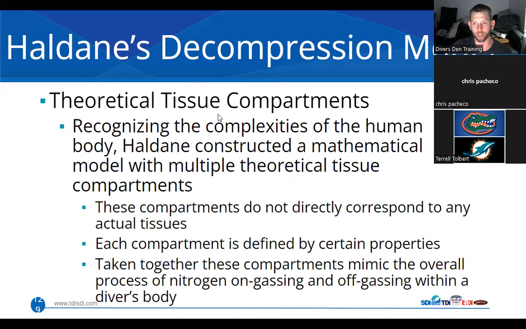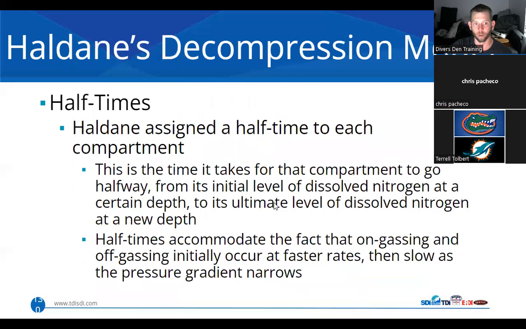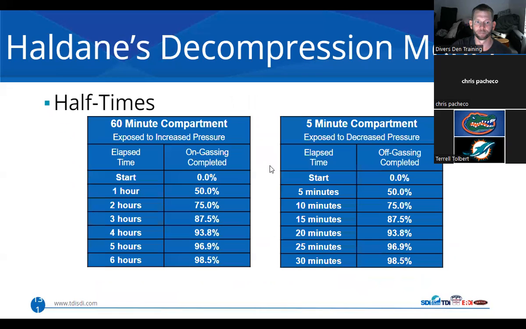So this goes into the decompression models. What you guys need: half times. I'm going to talk a lot more about this in physiology. But there are different compartments of tissues. A lot of computers will model your decompression time limits based upon the number of compartments your body has. Some of them have like 25 different compartments, some of them have 5.